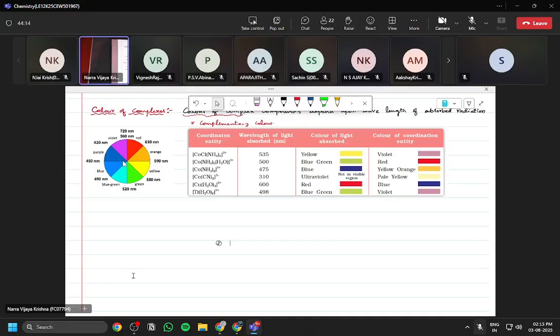I think we have seen the color of this complex in Werner's theory also. Once go back. See Werner's theory. There, Co(NH3)5Cl complex color. There we have taken NH3 only, na? What is the color? Purple. Here what have we taken? Violet. Correct? We have taken different.